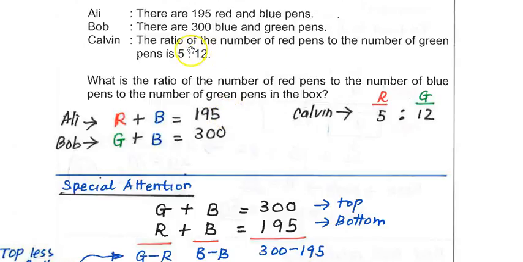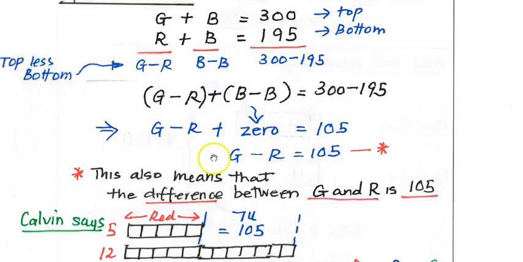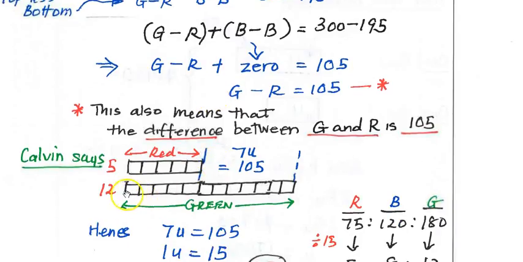Can you see? 5:12, right? It means green pen there are 12 parts, red pen there are 5 parts, and their difference is 105. If you see 105, you find the difference is 7U.